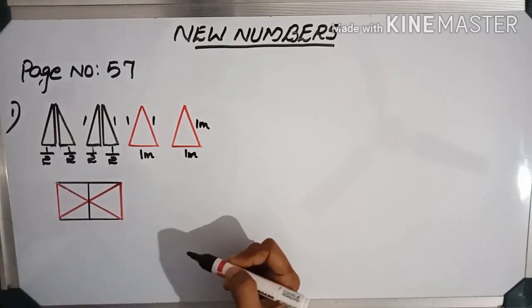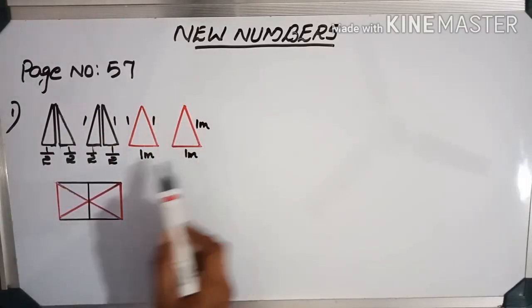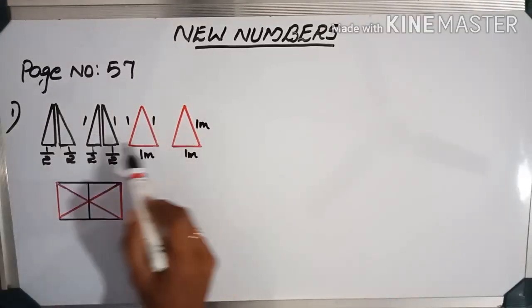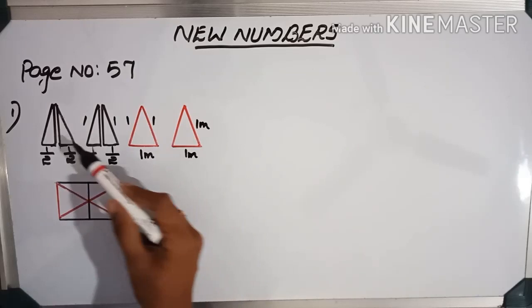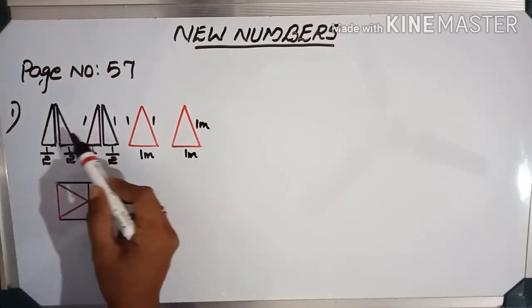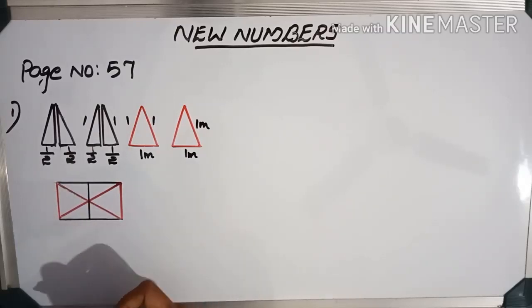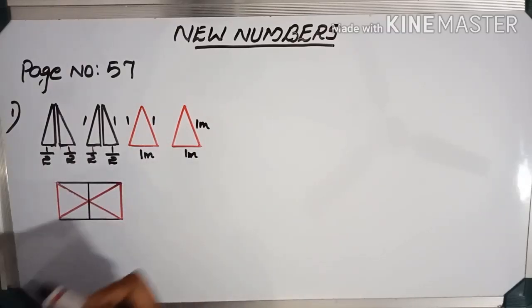Now by joining all these pieces, we have one rectangle. Total four equilateral triangles, the first two are divided into equal halves, so 4 here and 2 here, total 6 pieces. By joining all these, a rectangle is made.